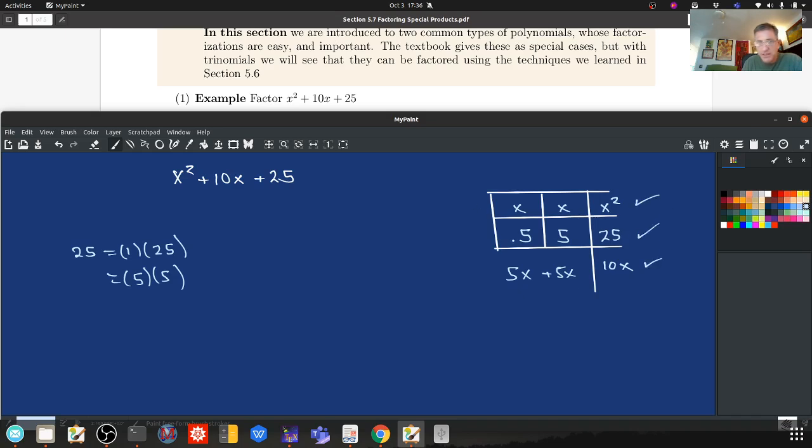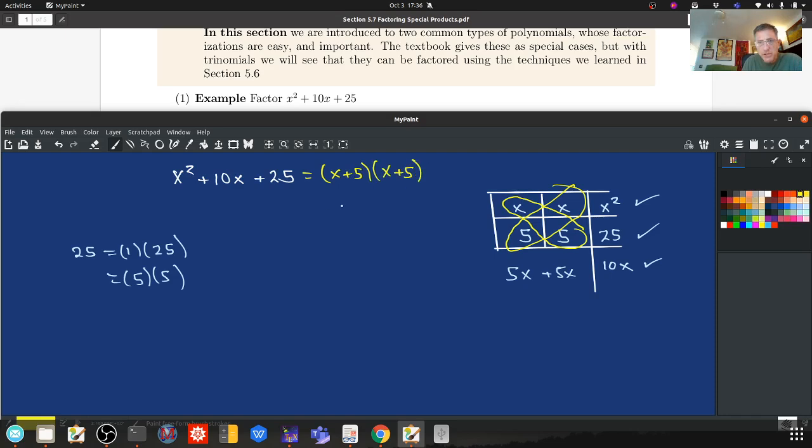X times x is x squared. So I get my factorization as x plus 5 times x plus 5.